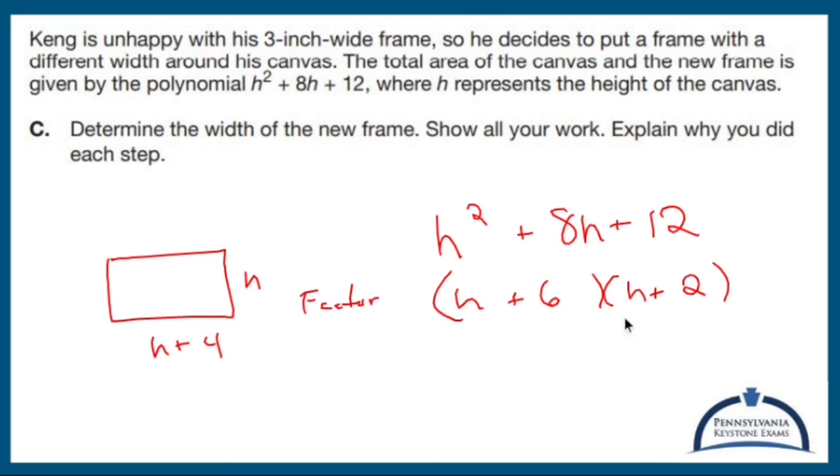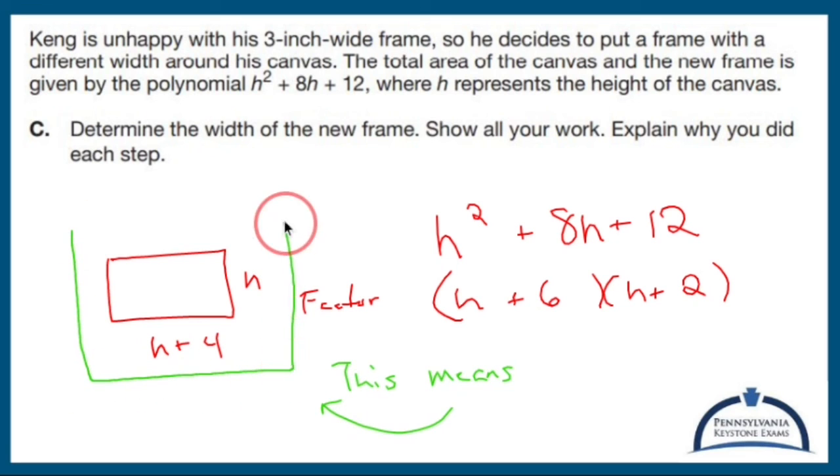If I compare this, okay, this means I have this picture now, where common sense tells me that this is h plus 2 right here, and this is h plus 6.